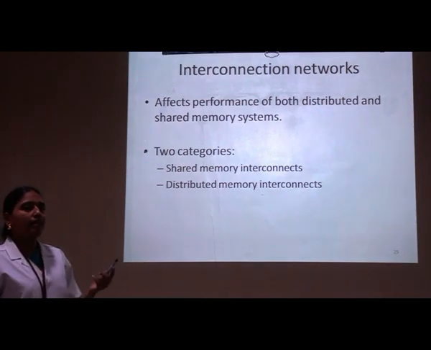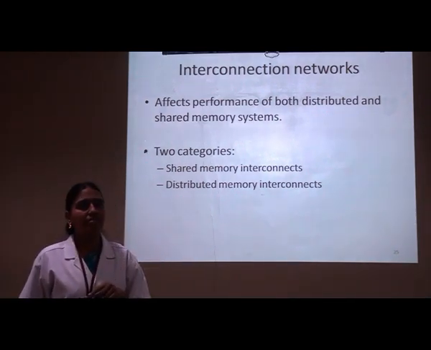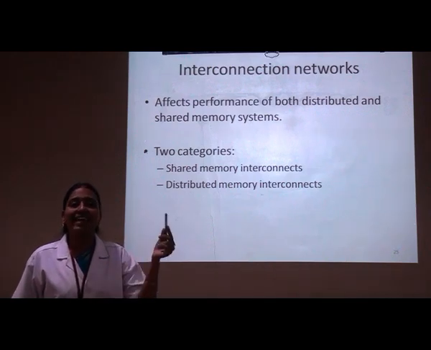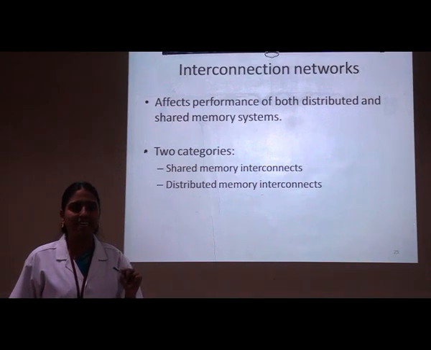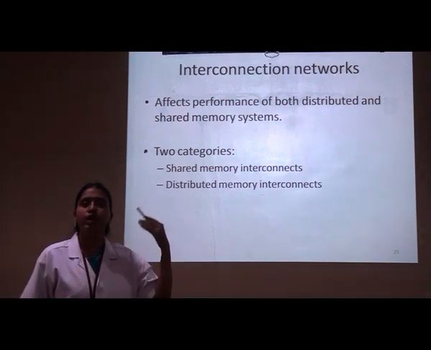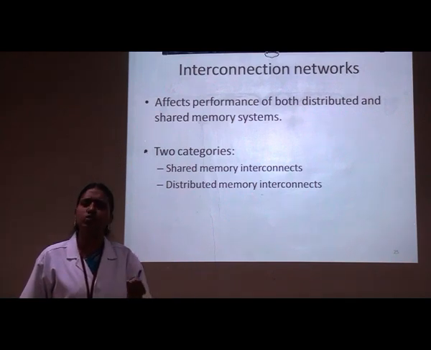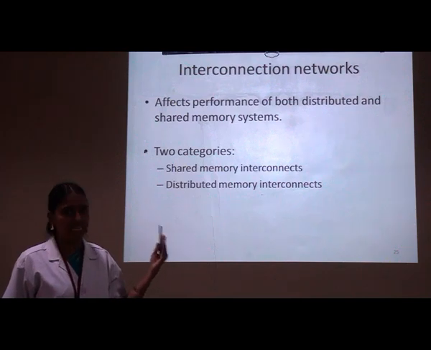Next, we have seen we are connecting in shared memory systems and distributed memory systems. All the cores are connected with the main memory with the help of an interconnect. What is that interconnect? It is a network, similar to a system bus. In normal uniprocessor architecture, we use a system bus for interconnection. Similarly, here we are using an interconnect.